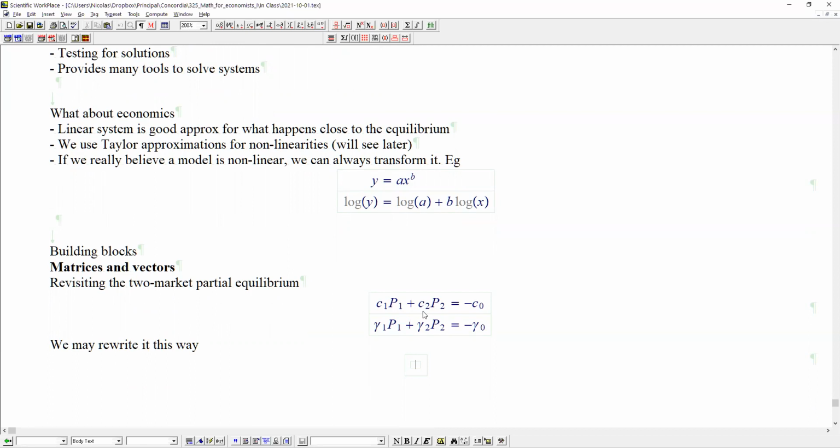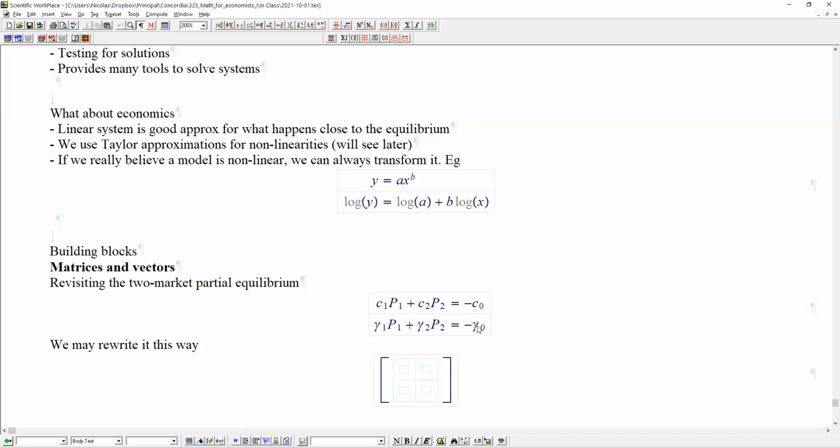So what we will say is, okay, we have parameters that are multiplying our variables, C1, C2, gamma 1, gamma 2. These are on one side, and then we have our two variables, another object that we care about, and then we have our constant terms, another object that we care about. So we're going to rewrite it this way.